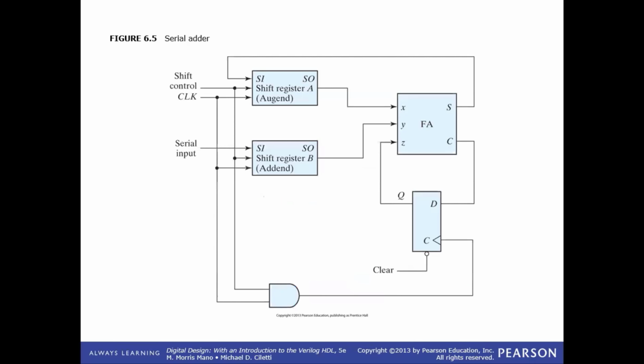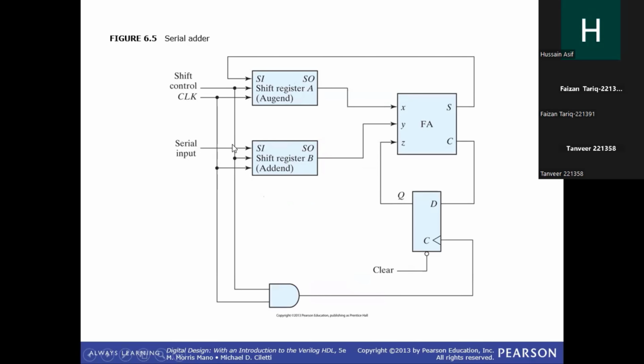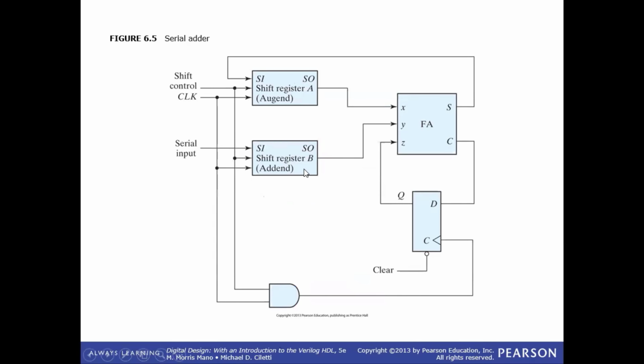Only then the shift register A content should be transferred to the shift register B. Now, if you have a look at this circuit over here, this means that shift register A and shift register B contents need to be transferred along with the clock, and one thing that needs to be added in the full adder along with these two contents is the carry, and this carry needs to be added at the same time when we had the previous outputs coming into this full adder.